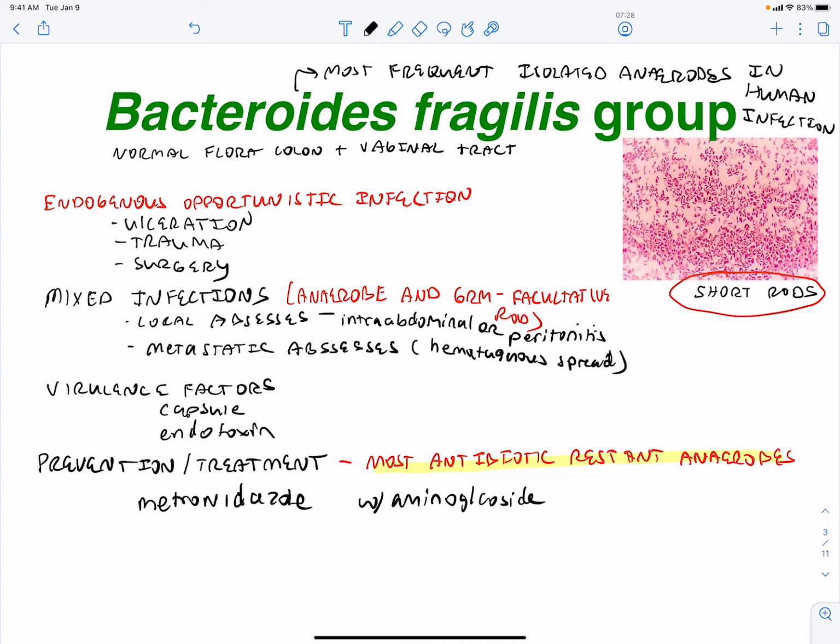And then you can also use an alternative drug, which is cefoxitin. You also can have prophylaxis, and some of this might require surgery, abdominal and pelvic surgery, to get rid of the infection.